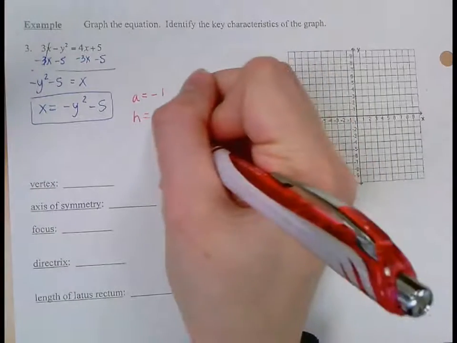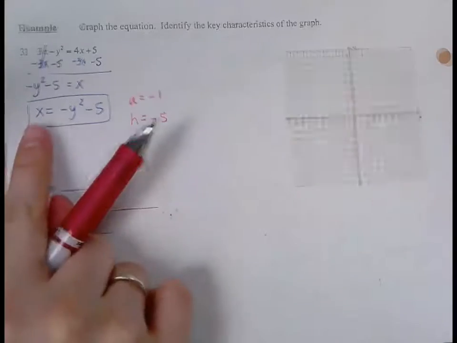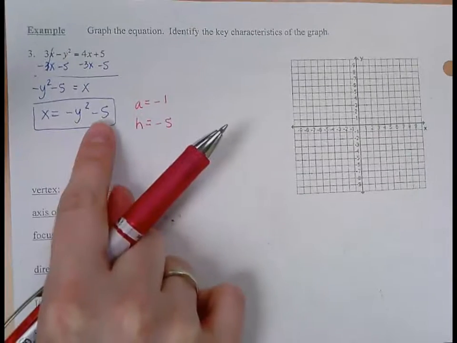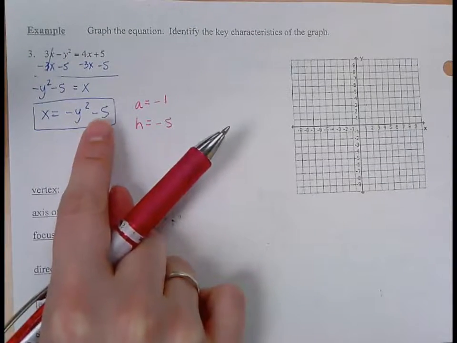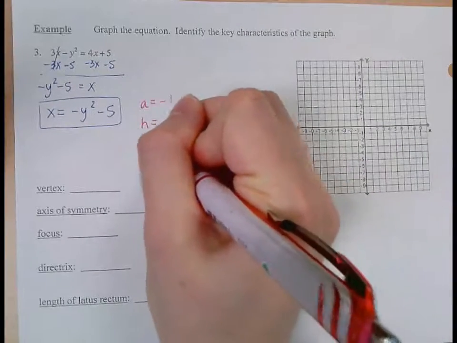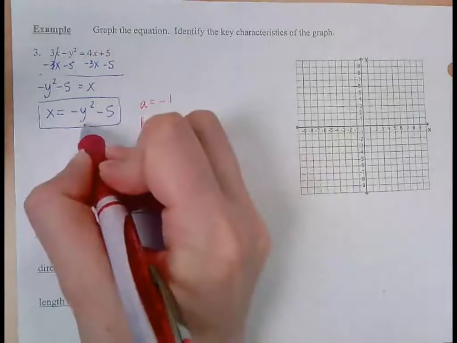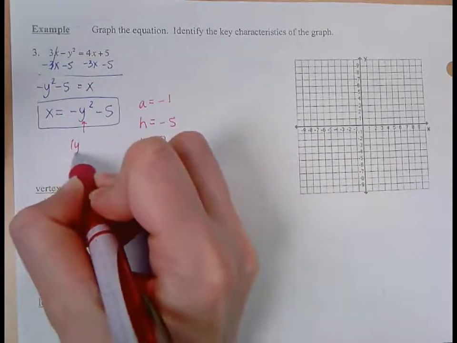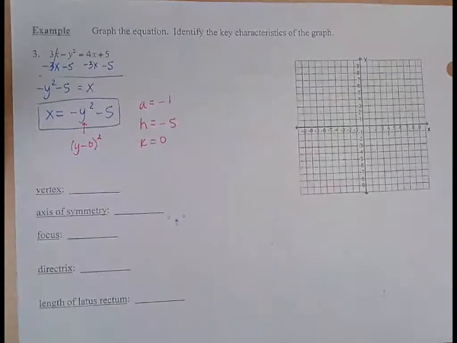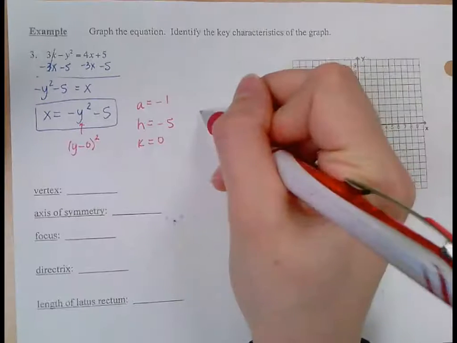H is negative 5 because, again, it's x equals, so this minus 5 is actually h. K is 0 because if you just have y squared, that is like y minus 0 squared. So k is 0. And then which way is this one opening? Left.